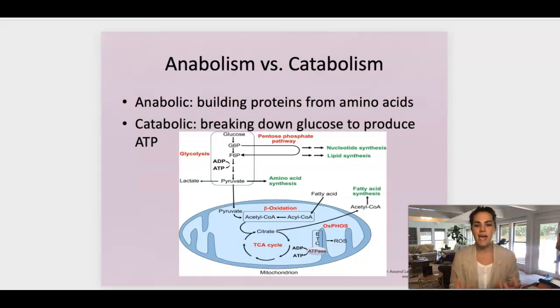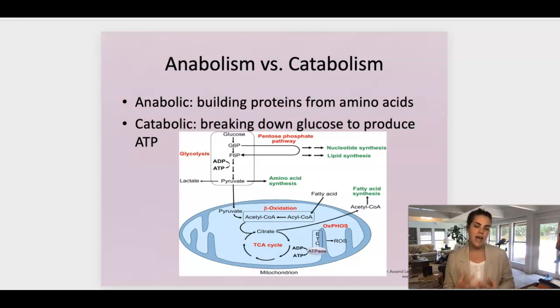So when we talk about metabolism, we sort of have two distinct sides. So we have anabolism and we have catabolism. So I normally would ask you at this point, if I wasn't recording a lecture, what is anabolism and what is catabolism? What's the difference? If you ever get confused, think of anabolic steroids, okay? So anabolic steroids are used to bulk up, to build muscles, right?